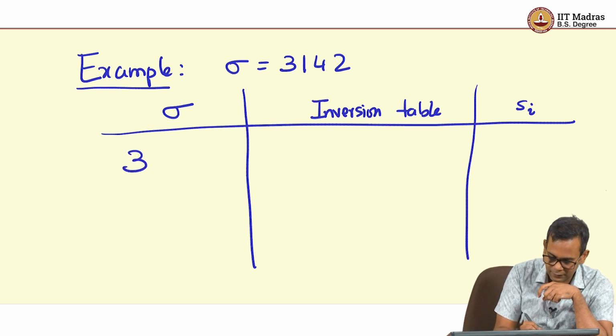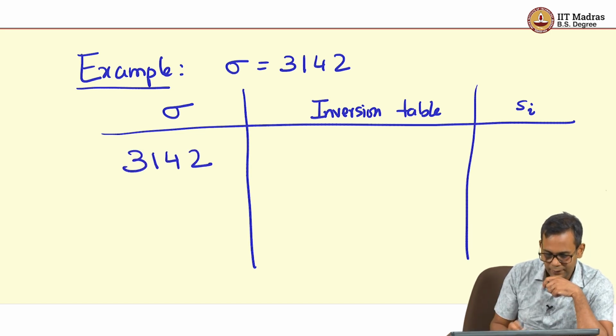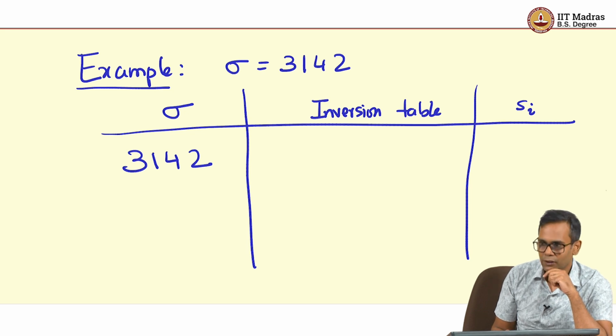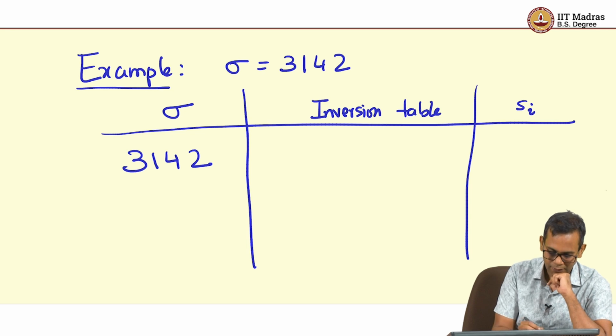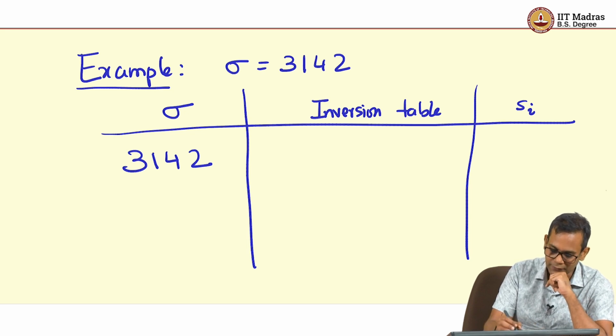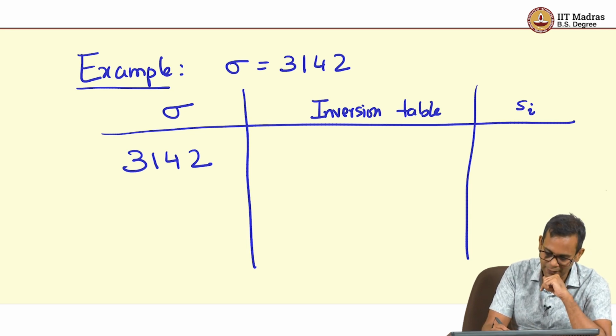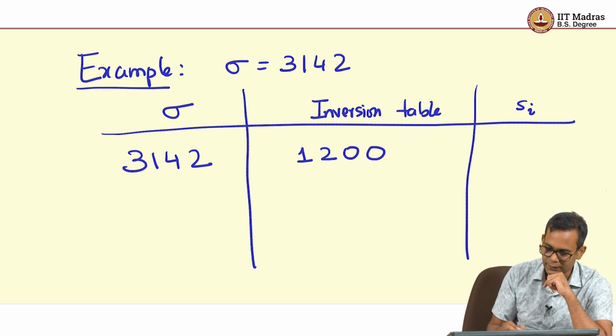So, we start with 3 1 4 2 and let me just look for a descent. At each stage I will look for the first descent. So, 3 1 is a descent. Let me write down the inversion table. So, the inversion table here: 1 has one thing to the left, 2 has 2, 3 has 0, 4 has 0. Okay.